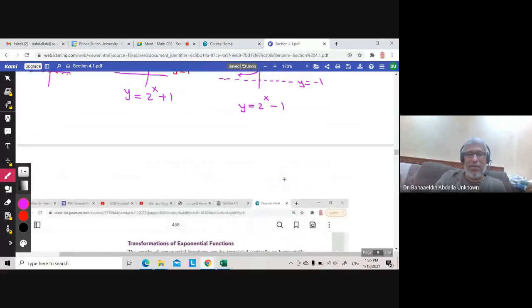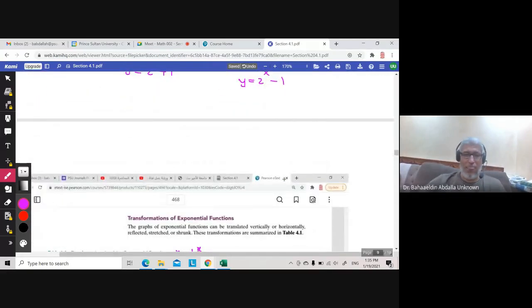This is the graph of half to the power x. What would be the graph of -half to the power x?